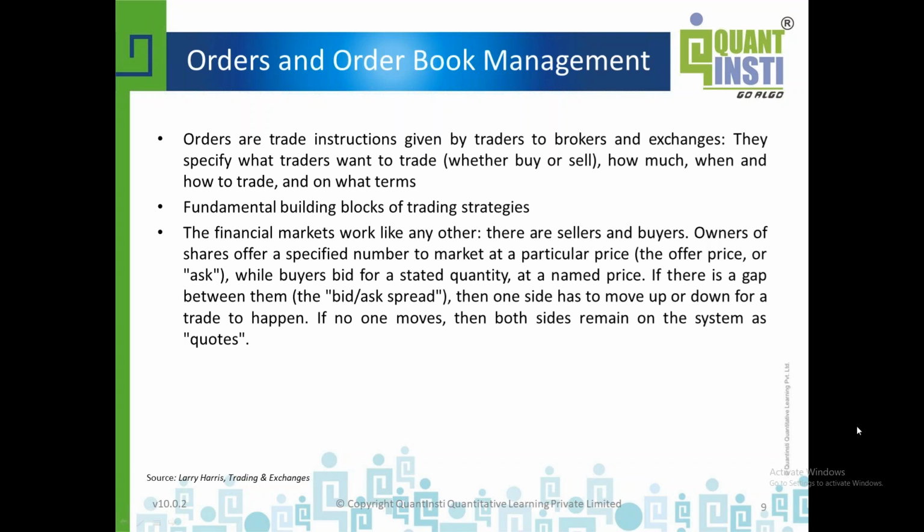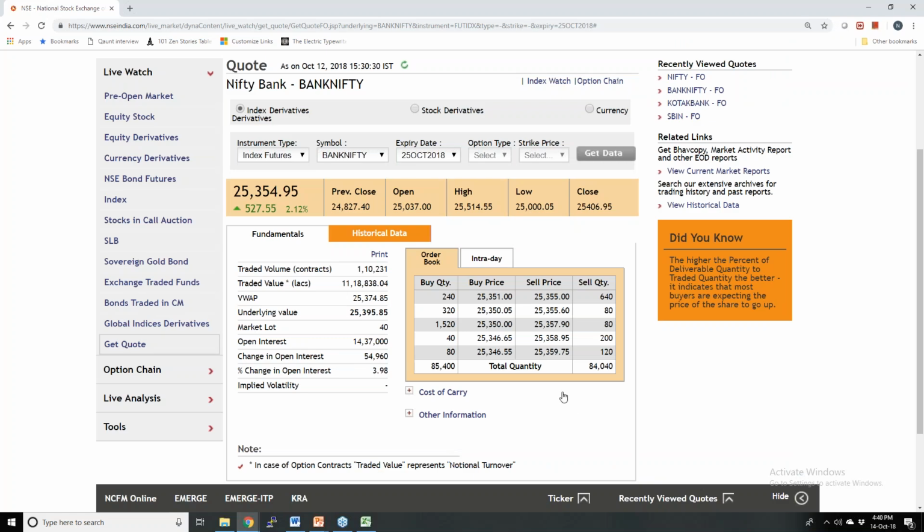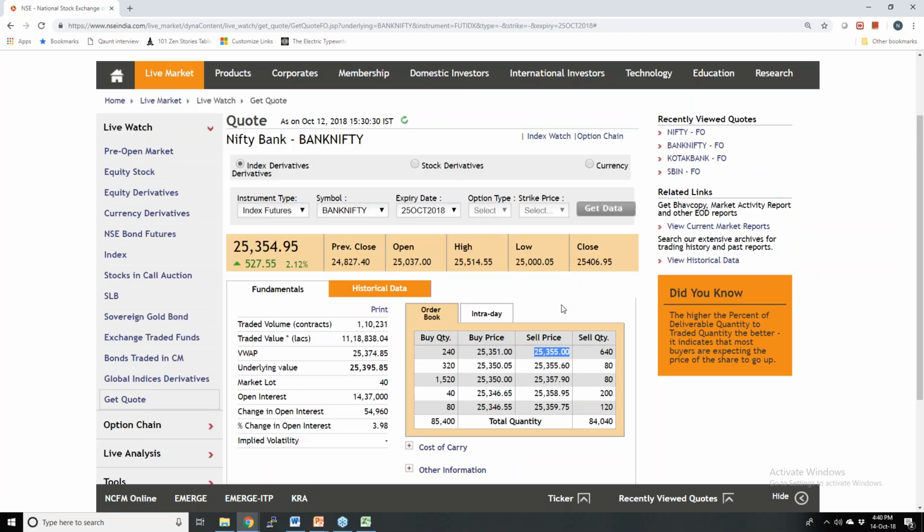So if I compare two stocks, Nifty has a lot of buy orders and sell orders. There's somebody who wants to buy bank Nifty at 25,351, and there's somebody who wants to sell it at this price.